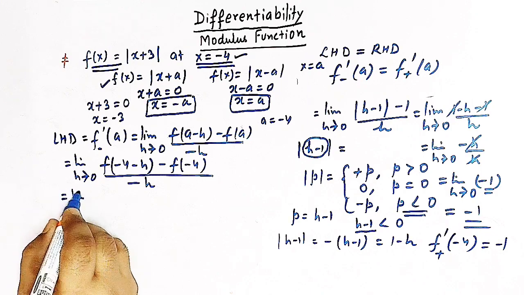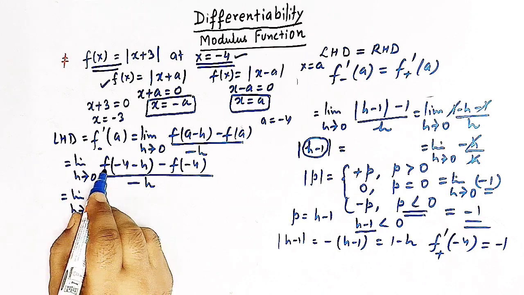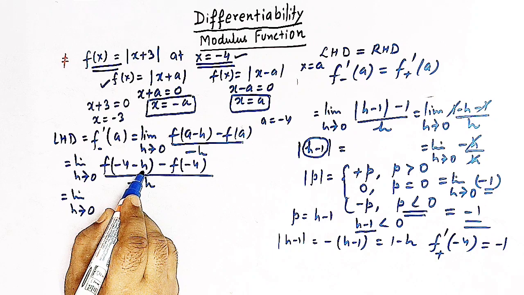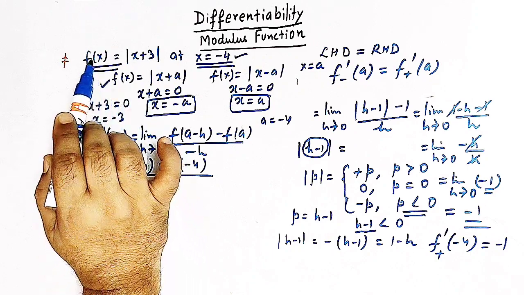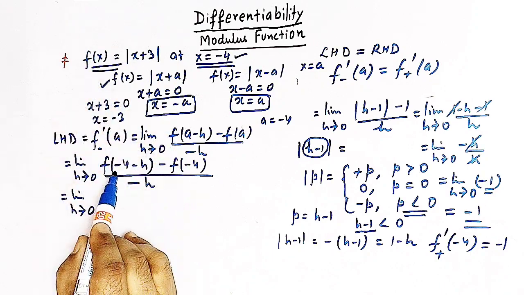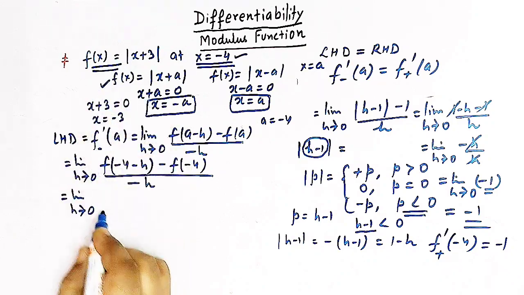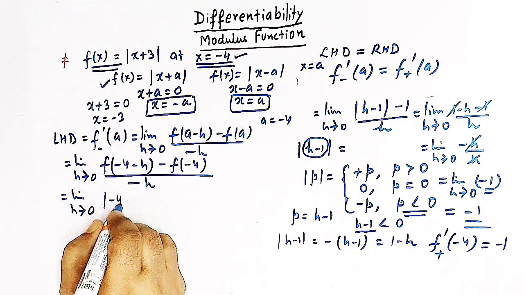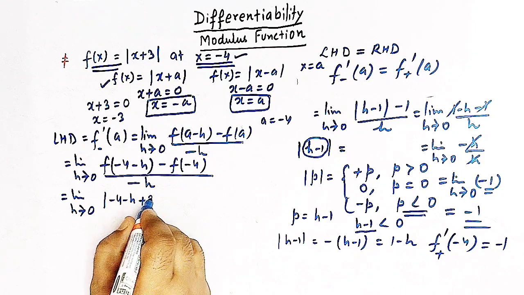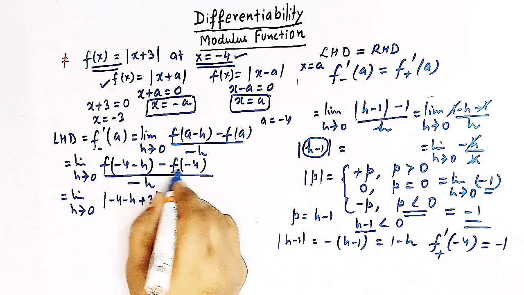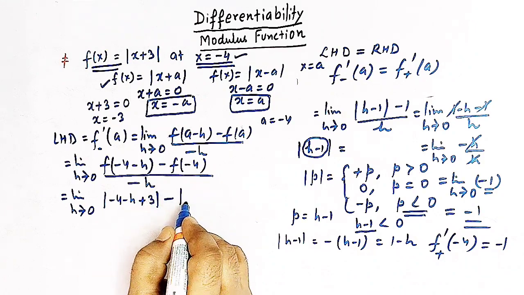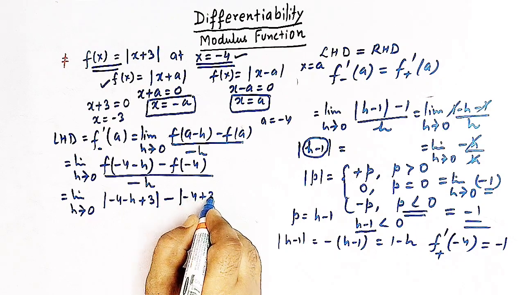Okay, so now let us find out the value of f of minus 4 minus h, which can be obtained by replacing x by minus 4 minus h. So we have mod of minus 4 minus h plus 3. Then here we have f of minus 4, that is the mod of minus 4 plus 3.